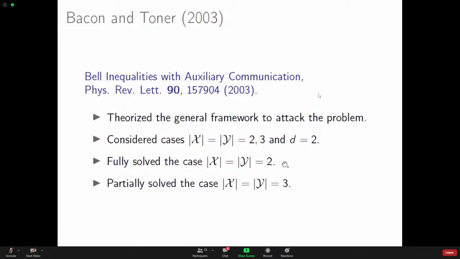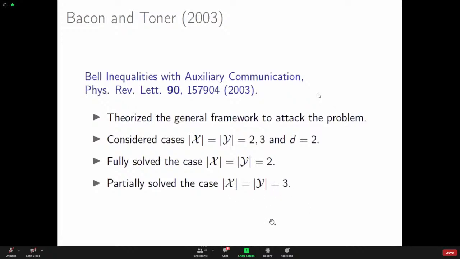By solving it fully, I mean that they exactly knew all the Bell inequalities with auxiliary communication for this scenario. When the measurement choices x and y equal 3, they could only partially solve it.